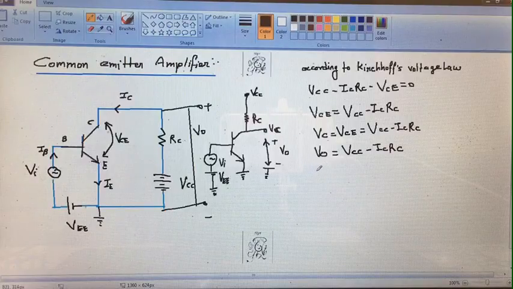Now we are using our received input signal which needs to be amplified at the place of input.